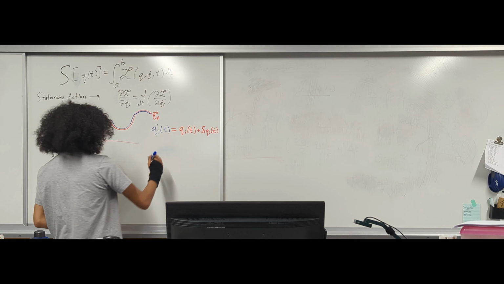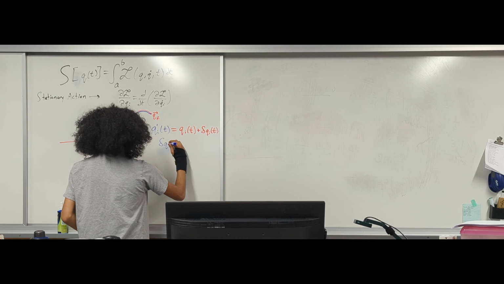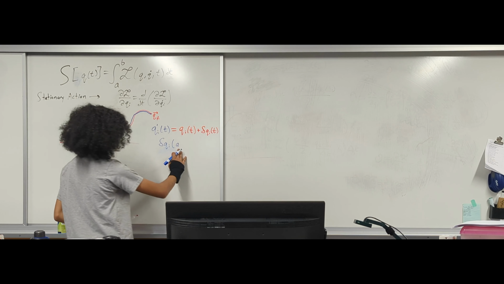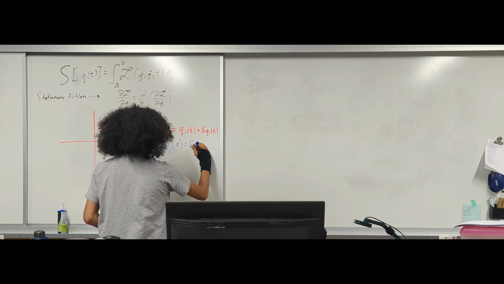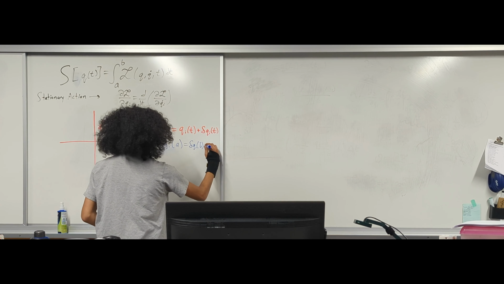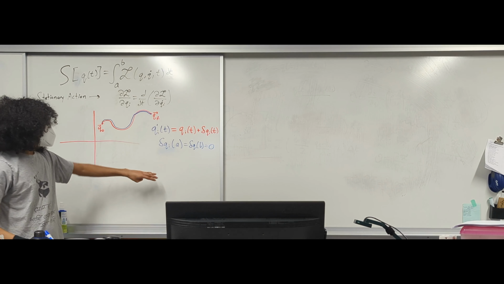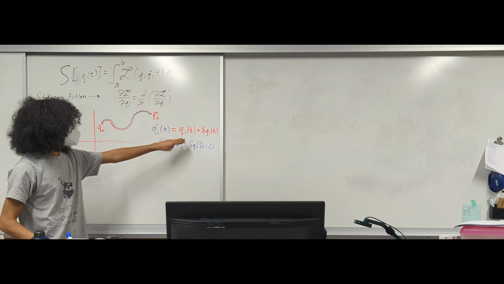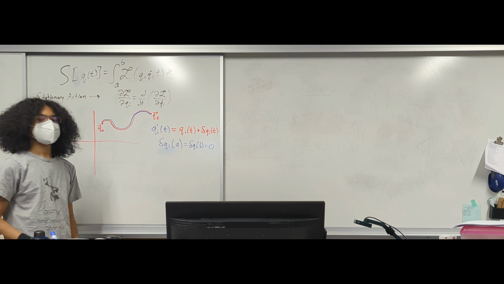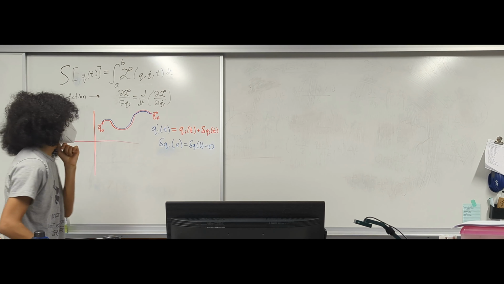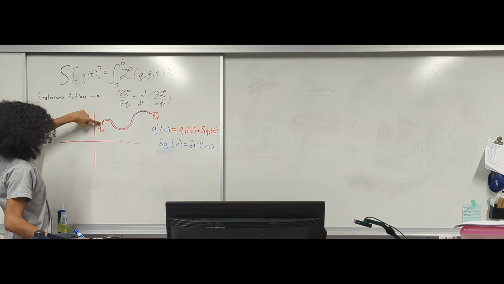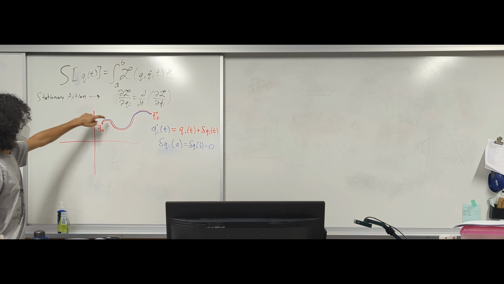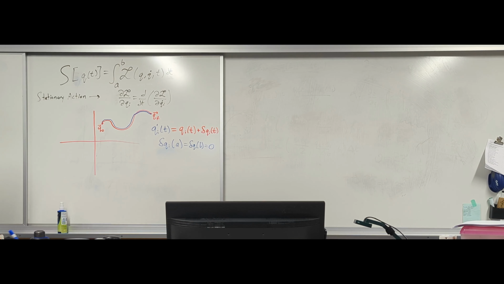So what we must have then is that delta q_i of our initial time, a, is equal to delta q_i at our final time, which is equal to 0. When these are equal to 0, that means we're not changing the original trajectory at those times, right? So we see that both the original and the varied trajectory start and end in the same place. Okay? This is actually very important.